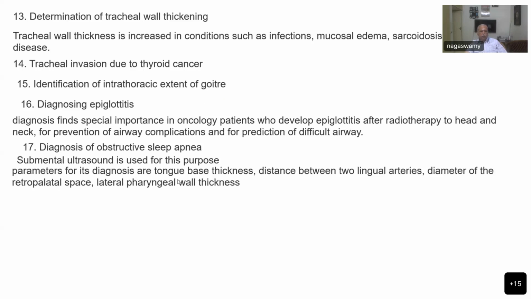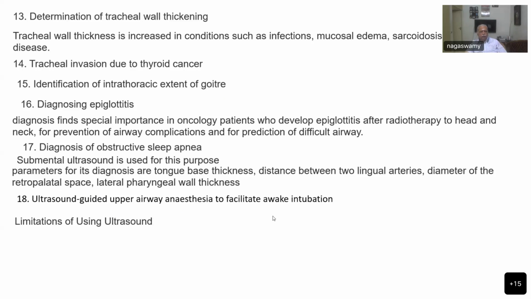Parameters to diagnose are tongue base thickness, distance between the two lingual arteries, diameter of the retropalatal space, and lateral pharyngeal wall thickness. If all these things are measured, you can find out whether the patient will have obstructive sleep apnea or not. And ultrasound guided upper airway anesthesia to facilitate awake intubation.